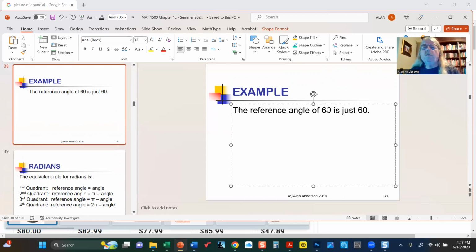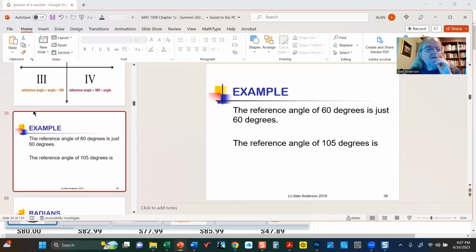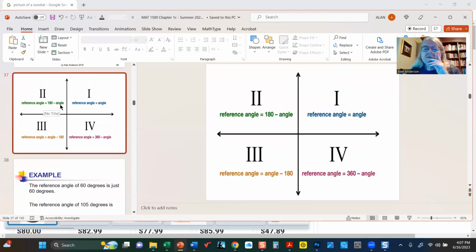But when we get into the later quadrants, for example, how about 105 degrees? All right. So this is telling us here we're going to take 180 minus that angle.